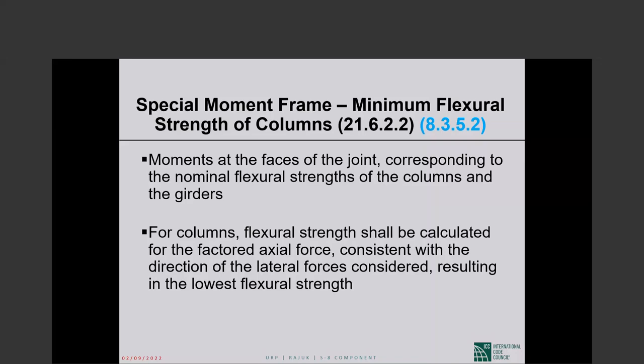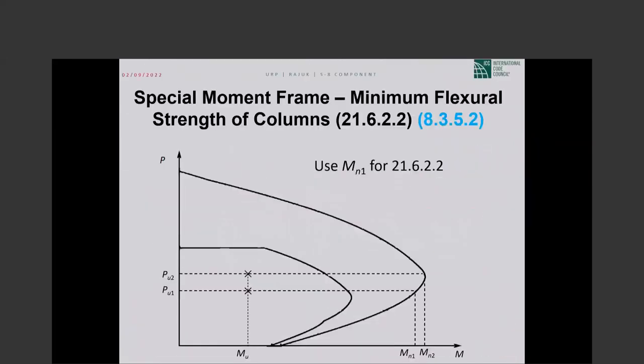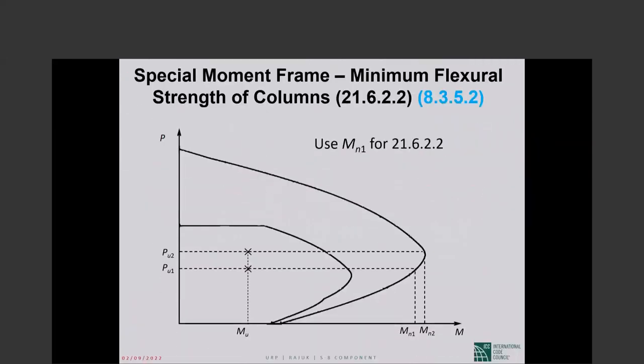For columns, this is also important. So strong column, weak beam. The columns have to be stronger than the beams. So when we talk about column flexural strength, we would rather underestimate the column flexural strength. And we would rather overestimate the beam flexural strength.